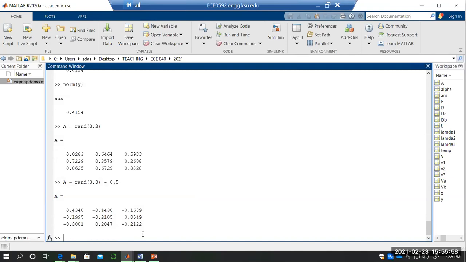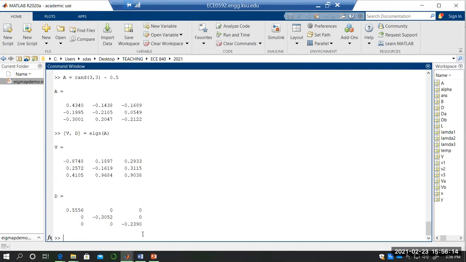Okay. Now, the eigenvalues, eigenvectors in general will turn out to be complex quantities. Well, not in this case, but in general, they turn out to be complex quantities.